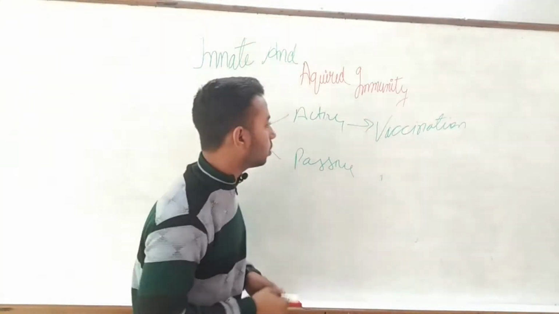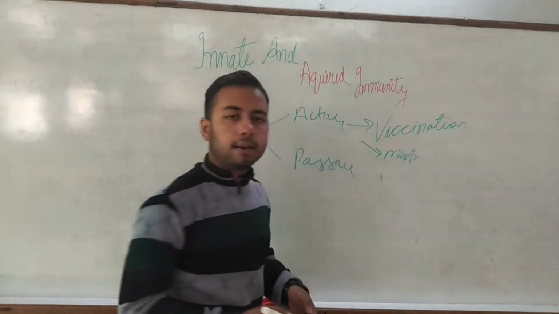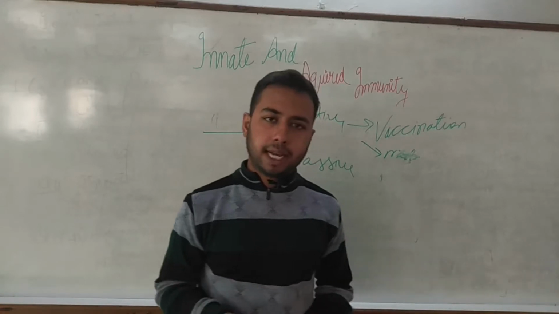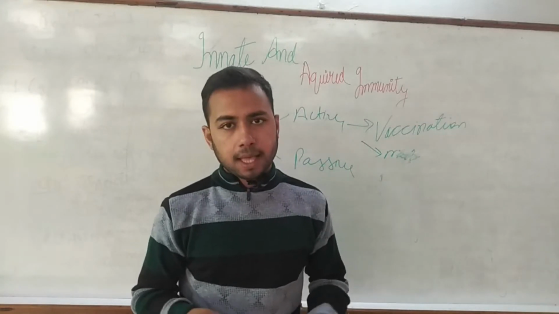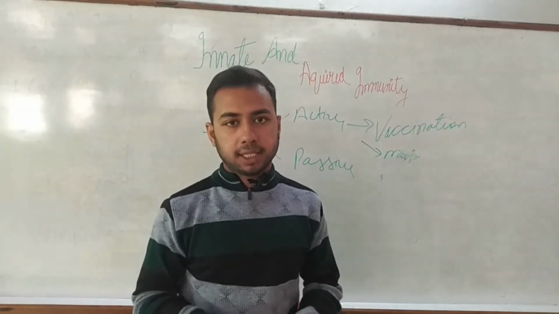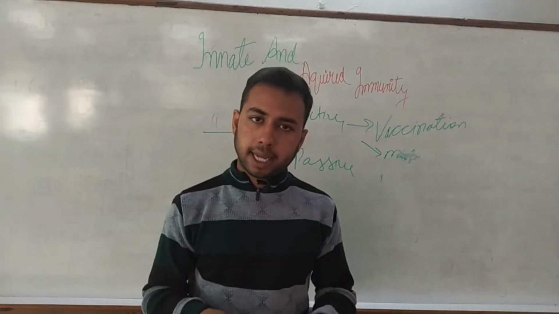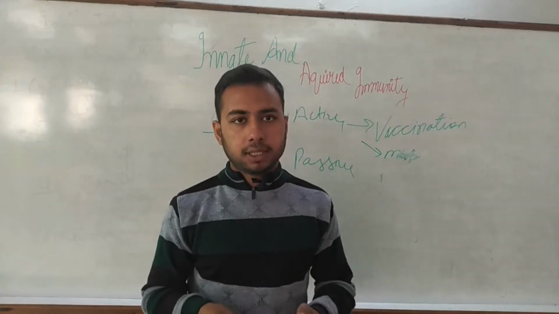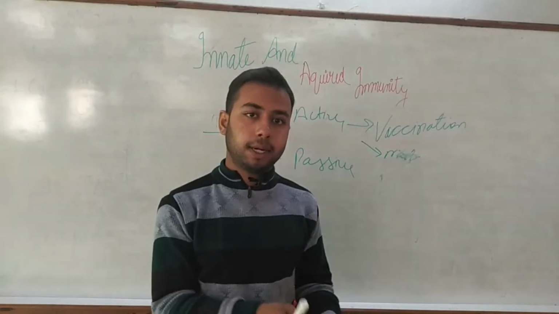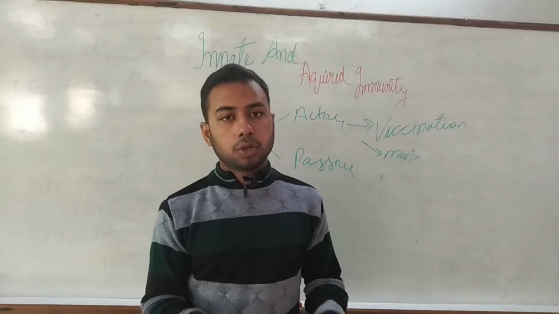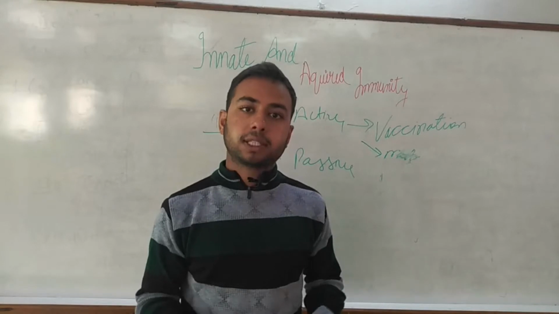Memory means that if an antigen came in the past and caused a disease, then when that agent comes a second time, we are capable of fighting it, because we have memory cells which store the memory of this antigen and the antibody we made. So we can make the antibody immediately, so that no infection occurs in the body.